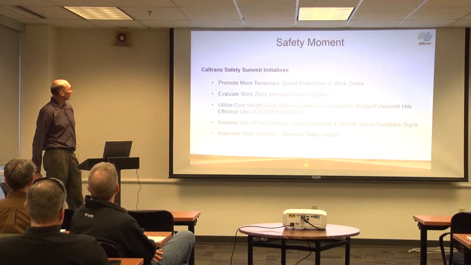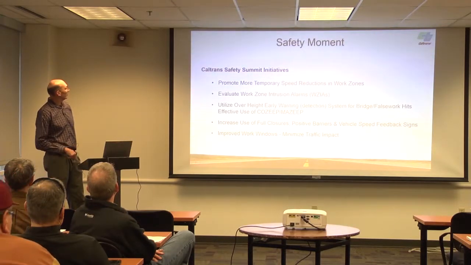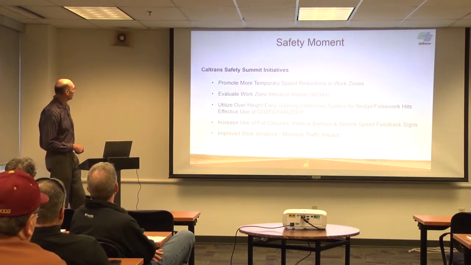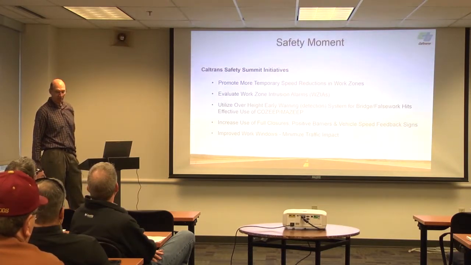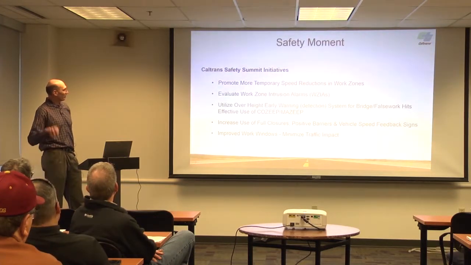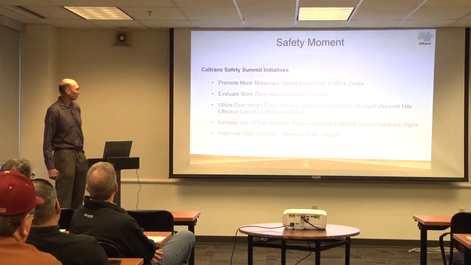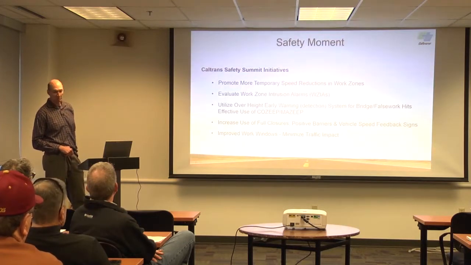Caltrans held a safety summit with our industry partners, and we were looking at trying to improve some safety things. Some of the things they're looking at are promoting temporary speed reductions in some work zones, possibly reducing speed by 10 miles an hour; work zone intrusion alarms and overheight early detection alarms; utilizing full closures a little more, positive barriers, vehicle speed feedback, and improved work windows to minimize traffic impacts.